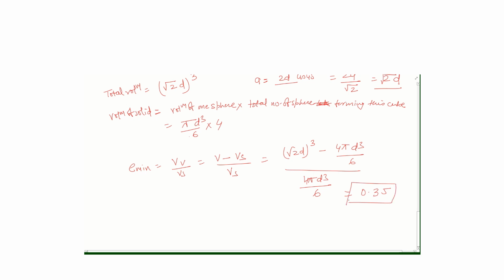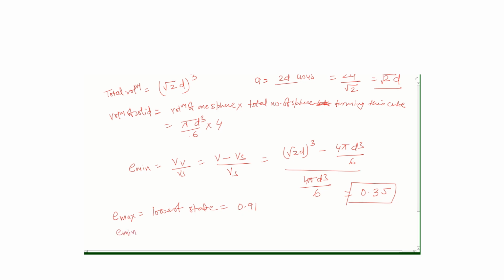So you will find that for a sand which has uniform spheres, means soil grain is of uniform sphere shape, and all the soil grains are equal in dimension, means all the spheres have the diameter of d only. So for that case you will find e max, that is in the loosest state, comes out to be 0.91.